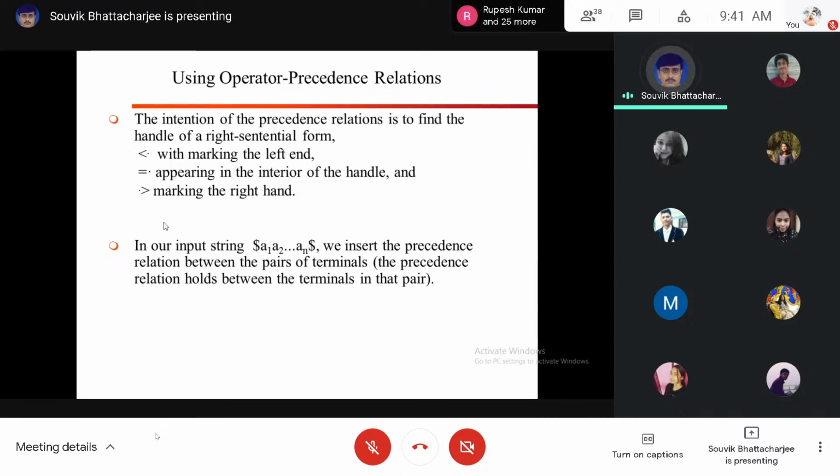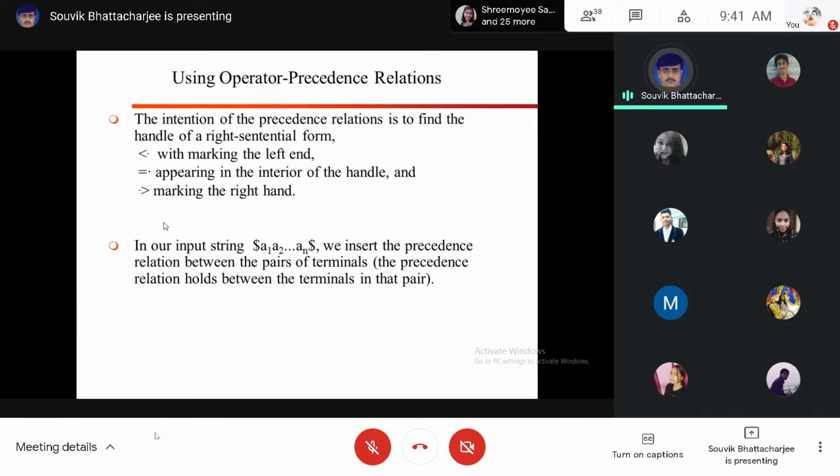The intention of the precedence relation is to find the handle of the right sentential form. We mark less than precedence on the left end, equals precedence appearing in the interior of the handle, and greater than precedence marking the right hand side.